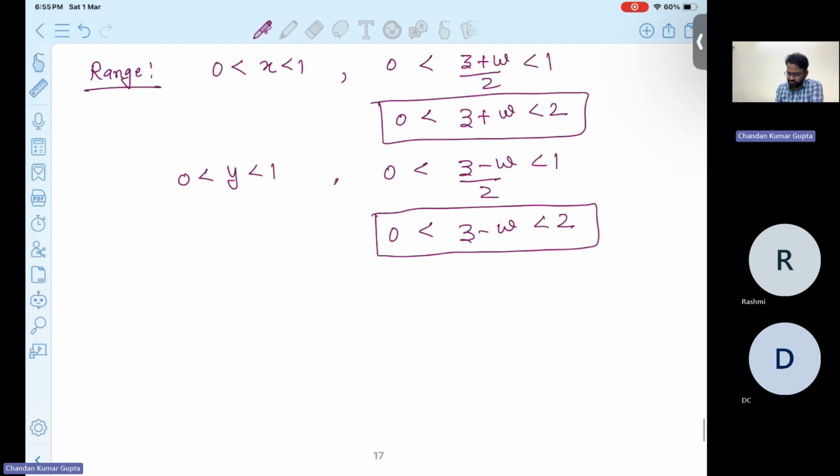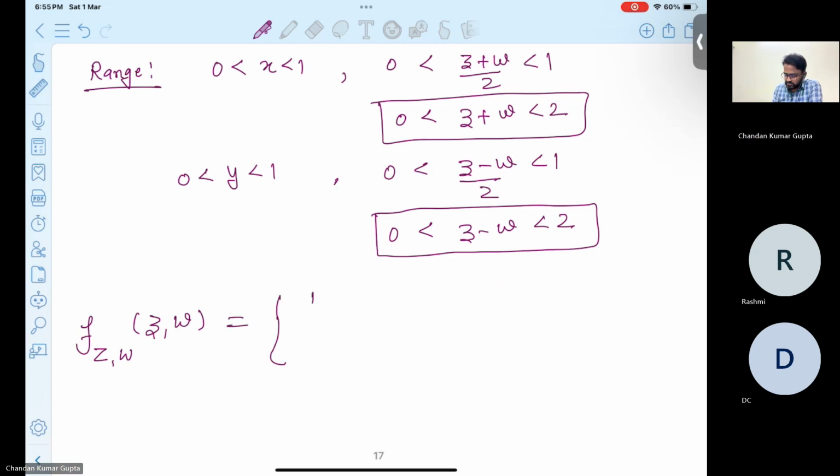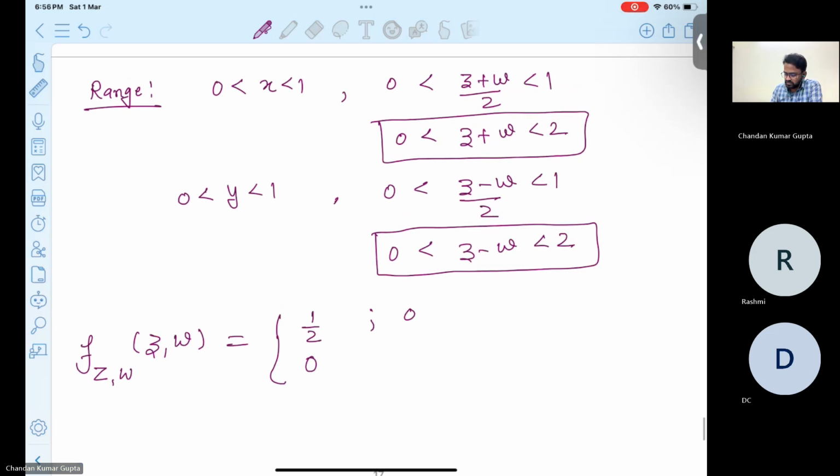So the final version is 1 by 2 when the range is satisfied, z plus w and also z minus w, and 0 otherwise.